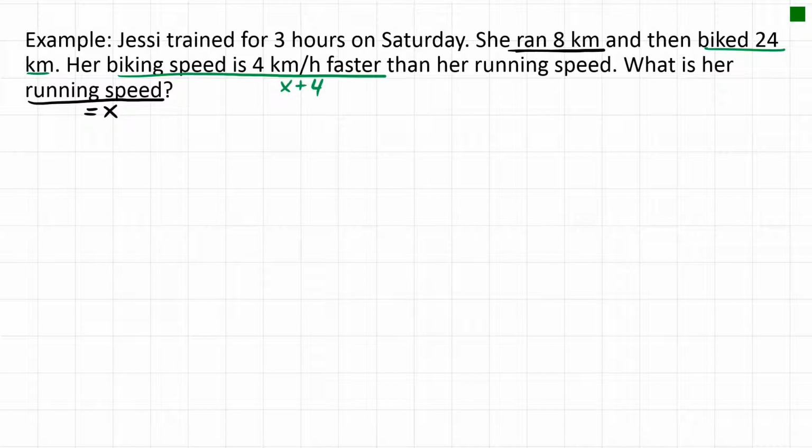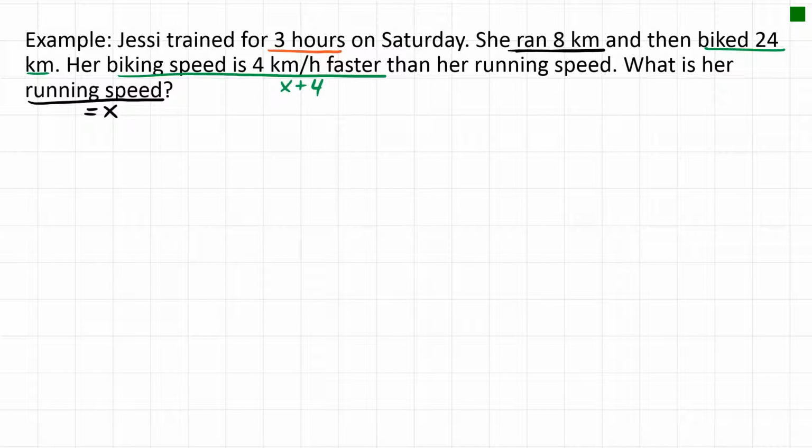Lastly, we have time. So we're told that she trains for 3 hours, but that's 3 hours total. So we don't have the individual breakdown of, she ran for this amount of time and biked for this amount of time, just that combined, they were 3 hours together.